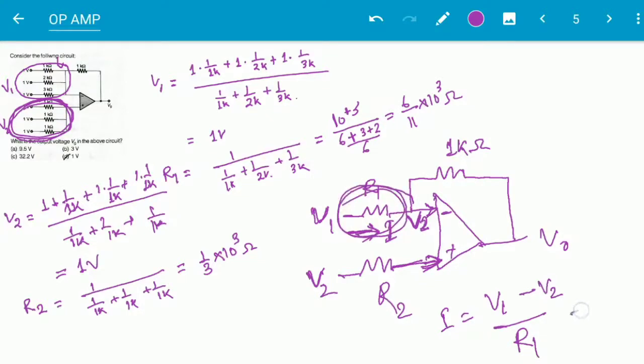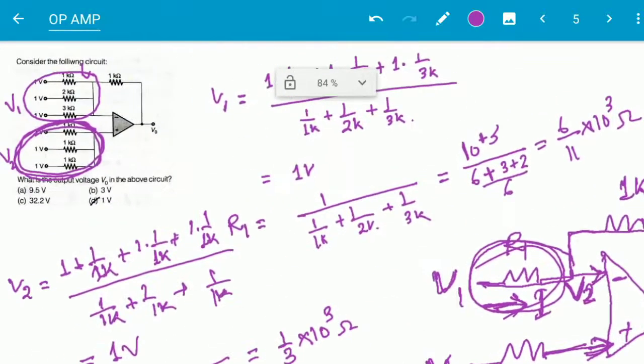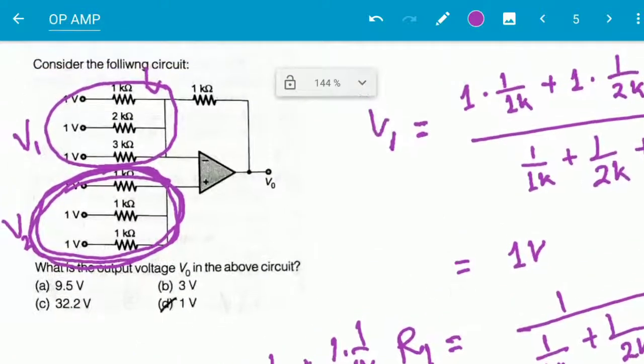That will be equal to 0, because V1 is equal to V2 is equal to 1 volt. That is, no current is flowing through this network. So V0 will be equal to V1 will be equal to V2, and this is equal to 1 volt. So the answer is 1 volt.